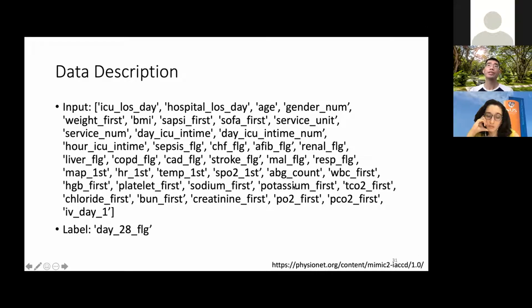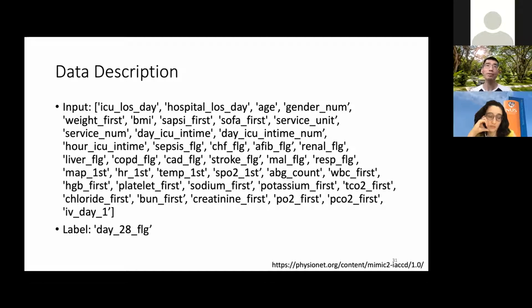Basically, the input variables contain data about patients' demographics like age, gender, and their previous diagnosis, like did they have a stroke or respiratory diseases before, and also some relevant lab test results like their white blood cell, hemoglobin, and platelet levels, all measured on the first day of the ICU stay. Many of these inputs are clinically correlated with patient prognosis. For example, a patient who has a very high white blood cell level would indicate that the patient is suffering from serious infections and may have poor prognosis.